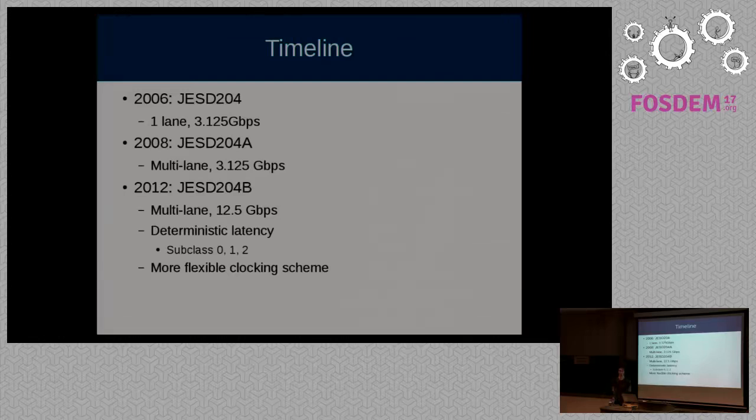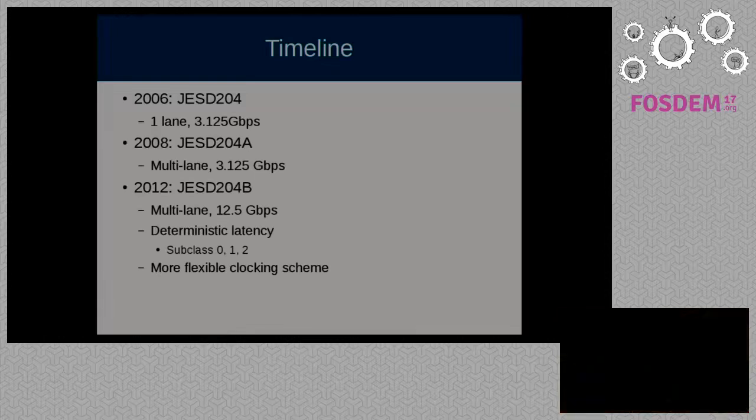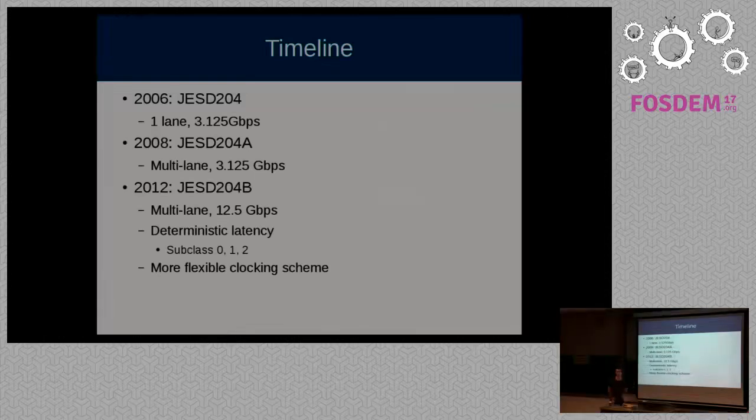And the other important thing that JESD204B introduced was deterministic latency. There are 3 different subclasses: subclass 0 doesn't offer deterministic latency, and subclasses 1 and 2 have different methods for achieving it. It also introduced a more flexible clocking scheme. In the previous iterations, you had to supply the same clock at the same frequency to all the devices in the system.